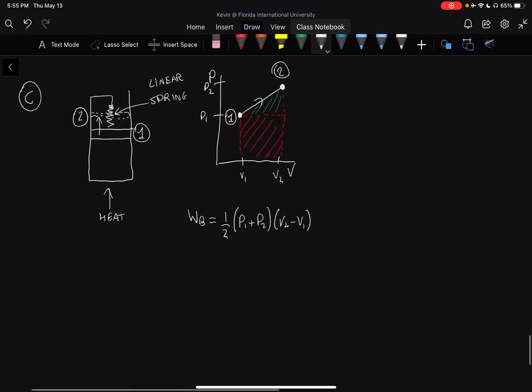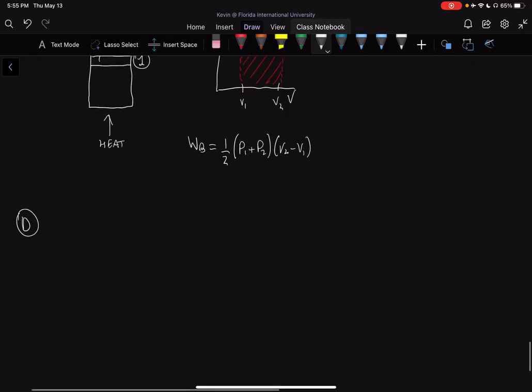Okay, so our last example is going to be concerning some compression and some cooling, essentially. We're going to have another piston cylinder assembly with some stops, and let me just redraw this so it looks a little bit better.